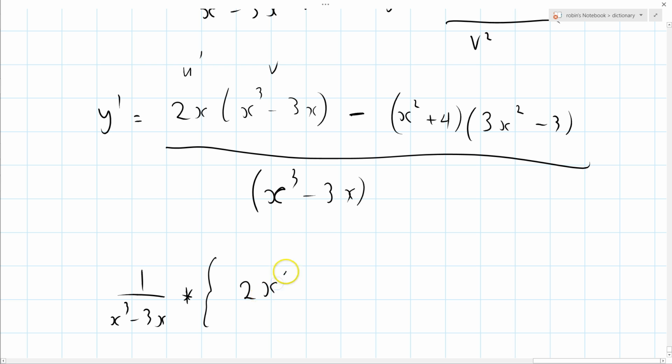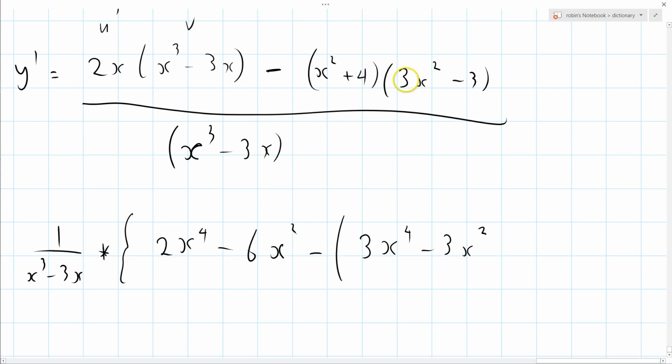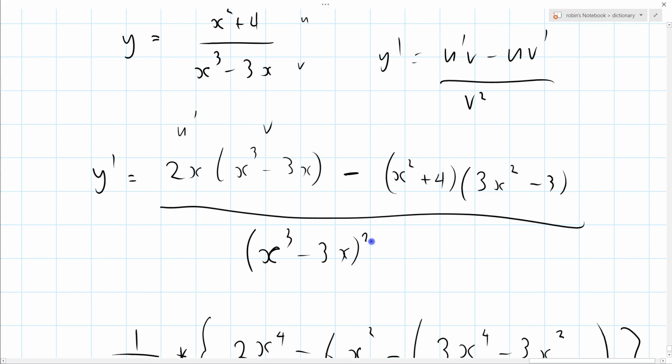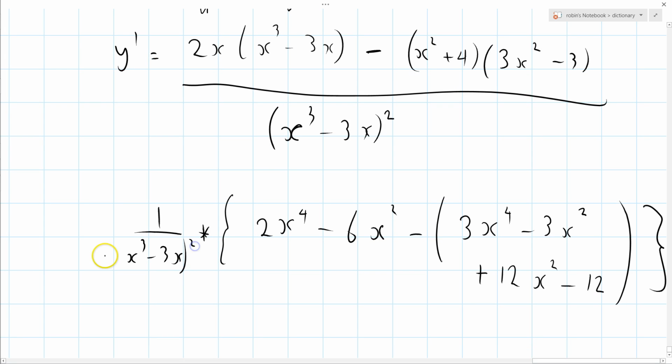That's 2x to the 4. All I'm doing is multiplying out these brackets here. Minus 6, because 2 3s are 6, x squared, minus x squared plus 4. So we'll do the x squared, that's going to be 3x to the 4 minus 3x squared for x squared times that term and x squared times that term, plus 12x squared minus 12. Oops, it's that squared, isn't it? So that should be squared.